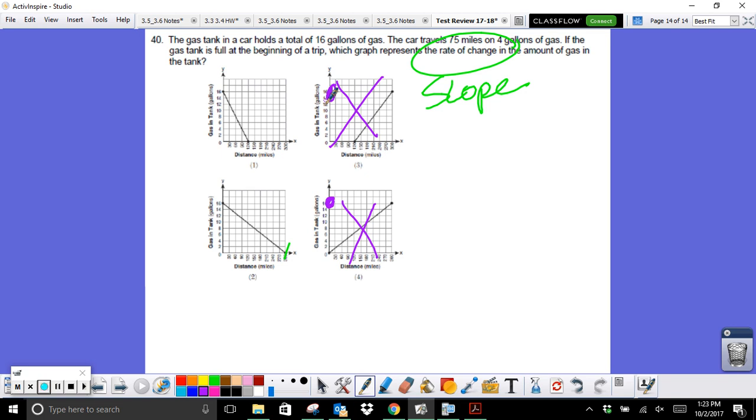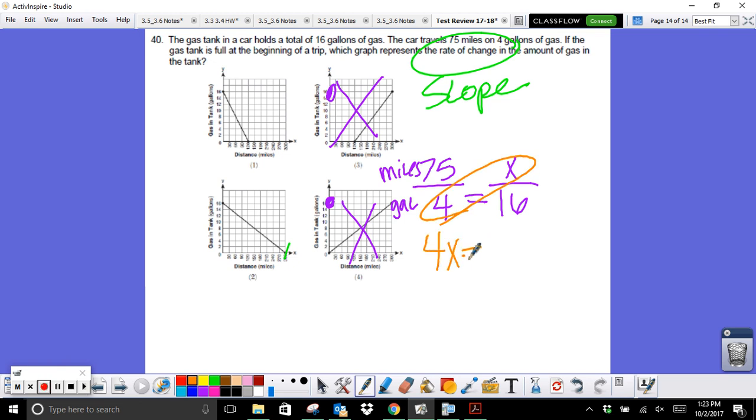So we need to figure out how far can this go. Well, it travels 75 miles on 4 gallons. So we need to figure out how many miles would it go with 16 gallons. So I just set up a really easy proportion here, and I'm going to cross multiply.